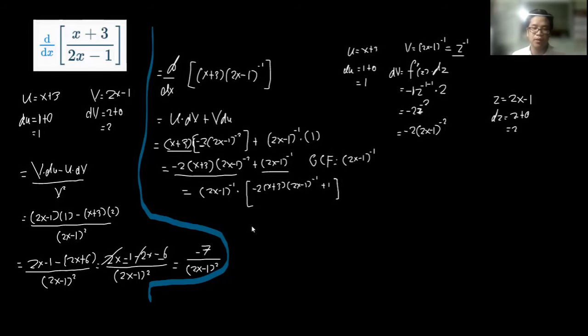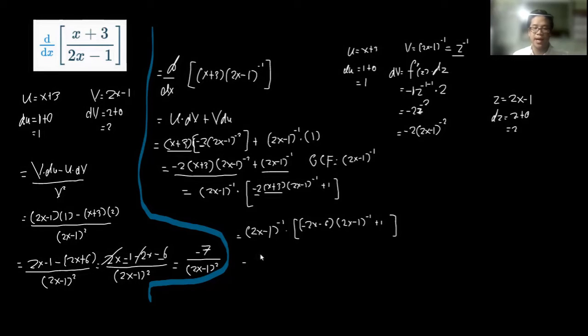There we go. Now what we're going to do here is combine these two, basically distribution. So I have (2x minus 1) to negative 1 times negative 2x minus 6, times 2x minus 1 raised to negative 1 plus 1.